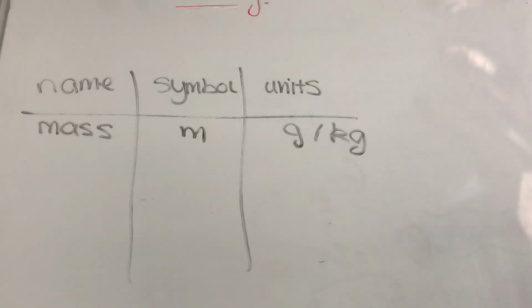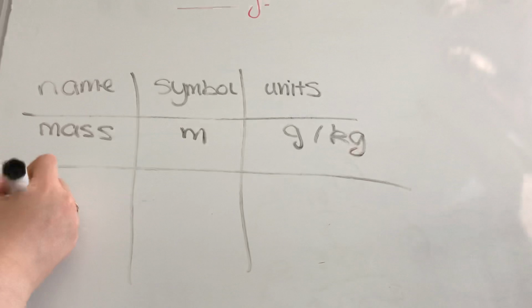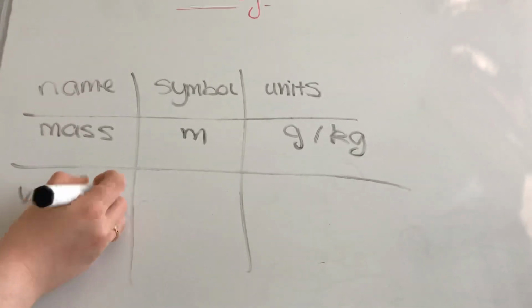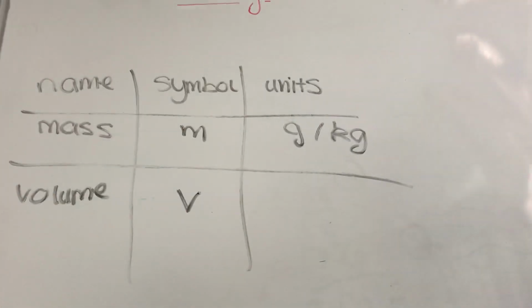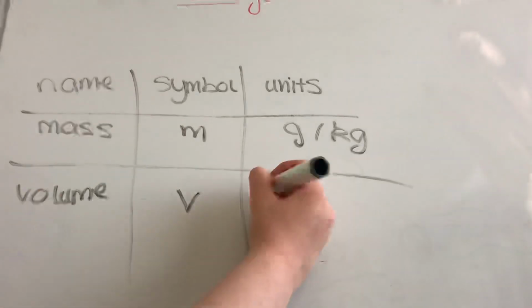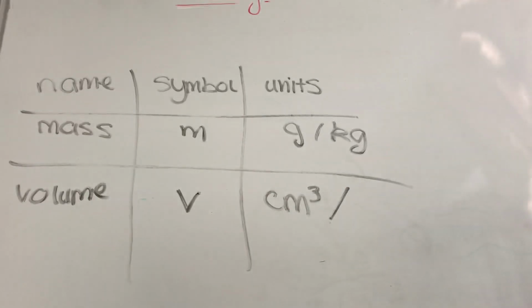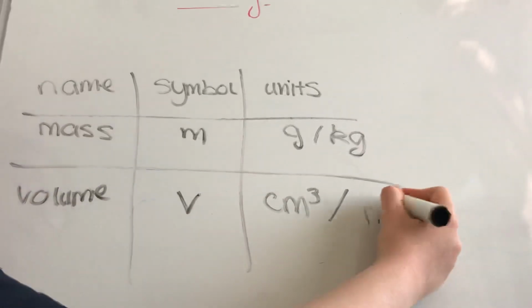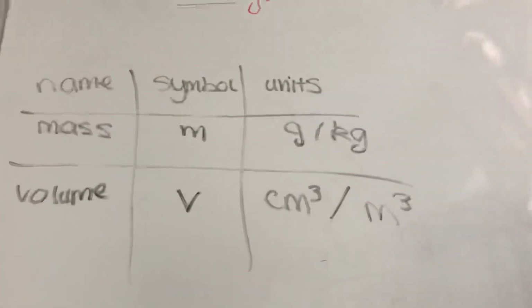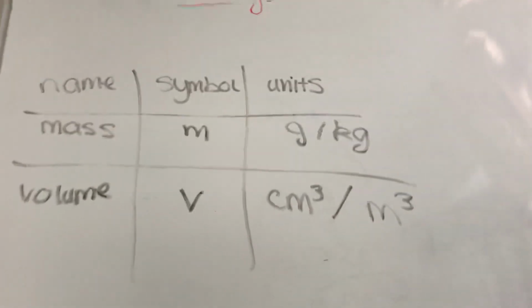Okay, then we've got our volume. What is the symbol for volume? V. And what are the units for volume? We've used centimetres cubed, but traditionally they are metres cubed. But usually if you're in second year, when you study density in Scotland, you will study it in grams and centimetres, and then if you go up to school doing physics, then you'll change to kilograms and metres.